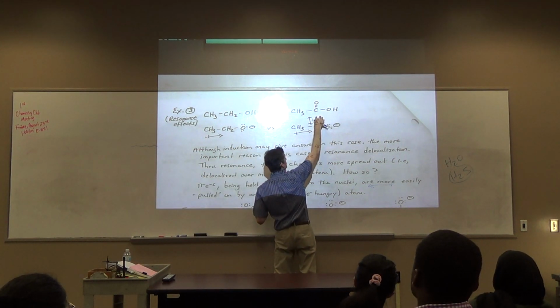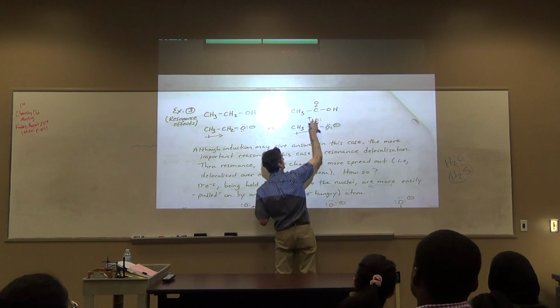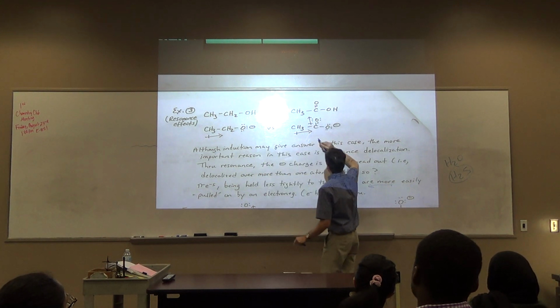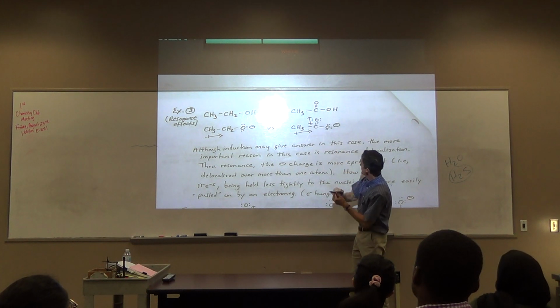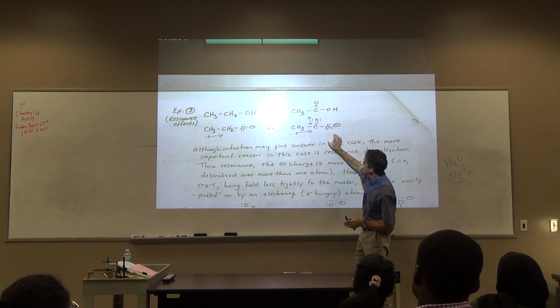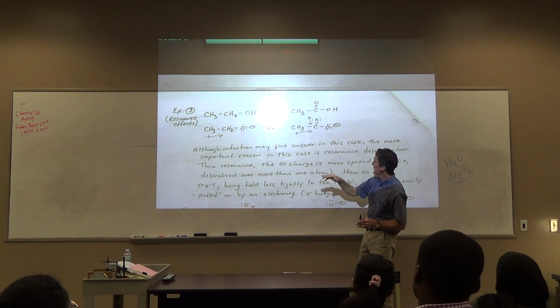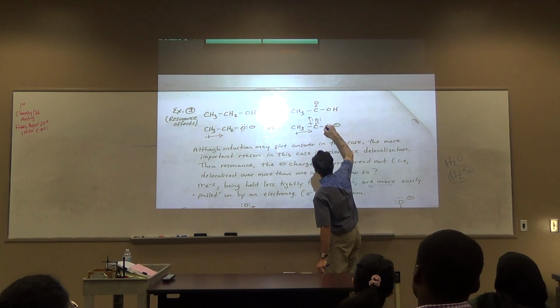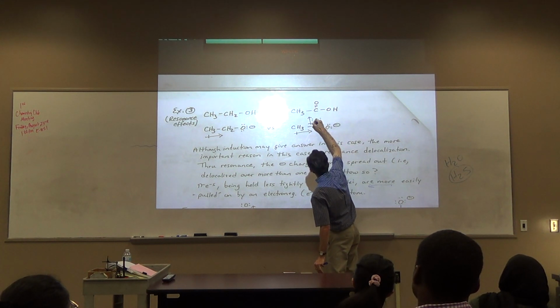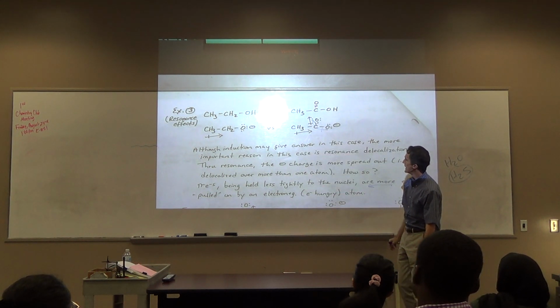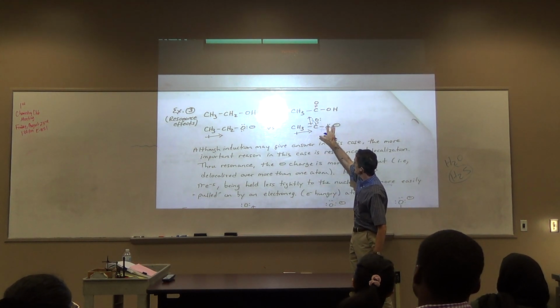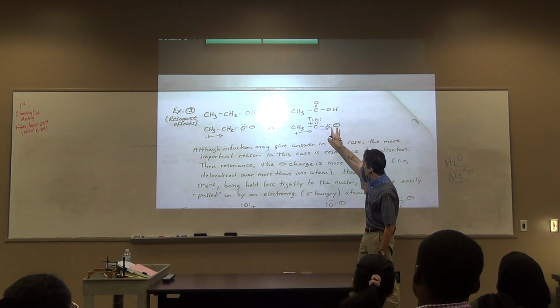Well, this oxygen pulls, so we've got a dipole that way. This might give you your answer, because that oxygen is pulling away from this oxygen. It's not straight away, but if you draw a withdrawing group arrow like this, it's pulling this way. And you might say, well, this is more stable because of this withdrawing, and you would be right.